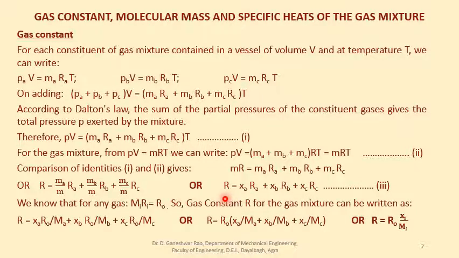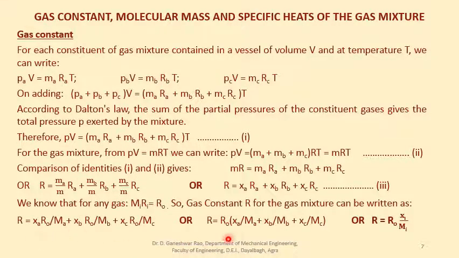So the gas constant R for the mixture will be given by XARA + XBRB + XCRC and so on. For any gas, MiRi is equal to R0, that is the universal gas constant, given by the molecular mass multiplied by the characteristic gas constant of that gas. From this, you can write the same equation in terms of molecular mass and universal gas constant like this.